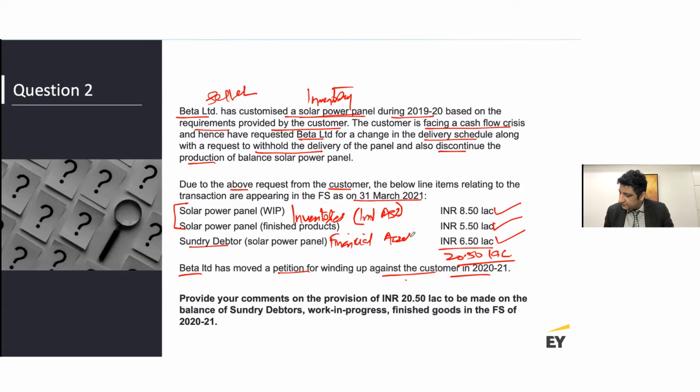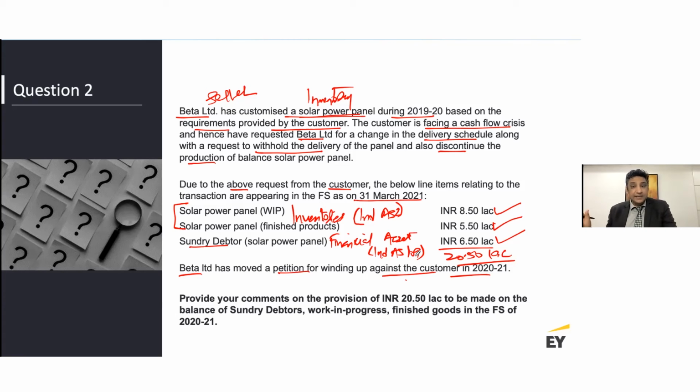All right. And that is a financial asset. So I need to use the reference of IND AS 109, that is financial instruments. Okay. What does my IND AS 2 say? What does my inventories accounting standard tell me? It says that simply the inventories are measured at cost or net realizable value, whichever is lower.